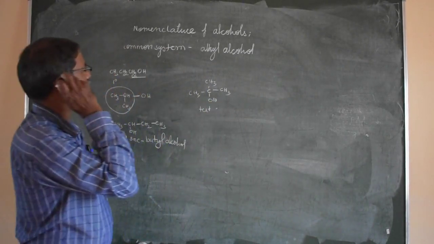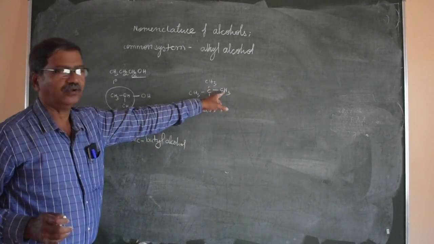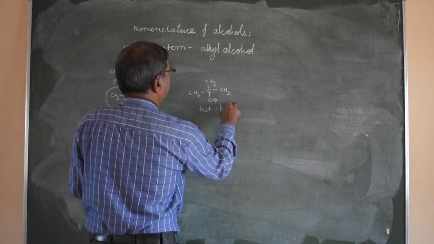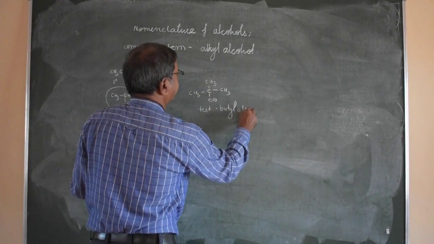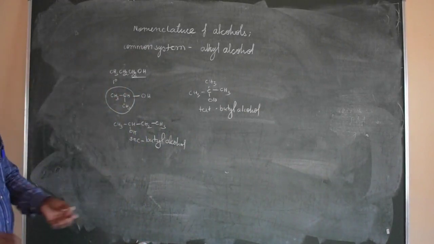Now to name by the common system, see the total number of carbons: 1, 2, 3, 4. For 4 carbons it is called butyl. So tertiary butyl alcohol. I think you followed how to identify primary, secondary and tertiary.